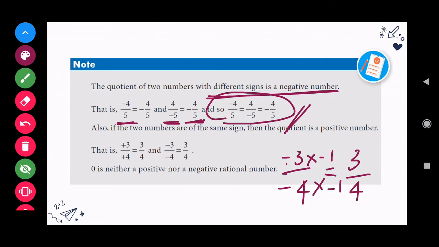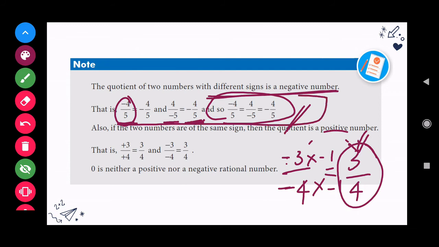So any rational number with both denominator and numerator having a negative sign gets converted into a positive rational number. Same way, if only one of the denominator or numerator has a negative sign, it stays as a negative number. That is what you have to keep a note of.